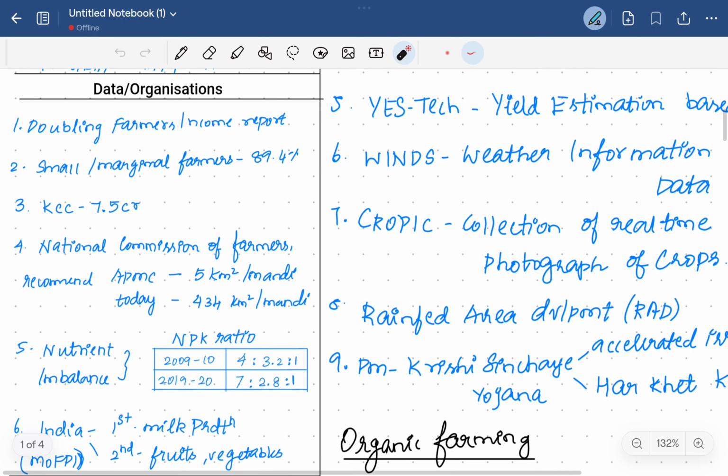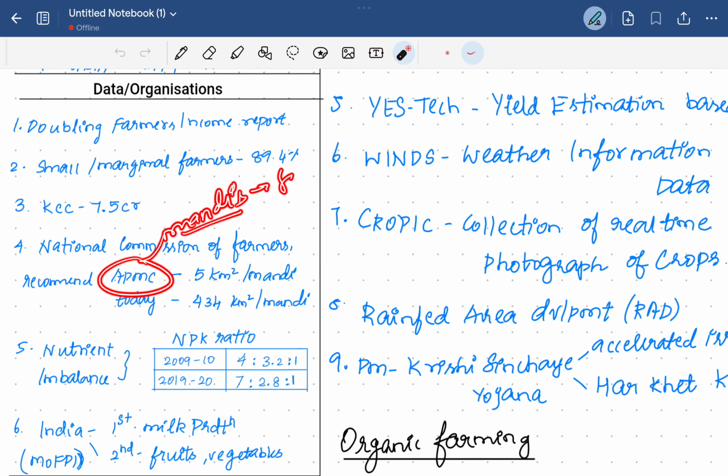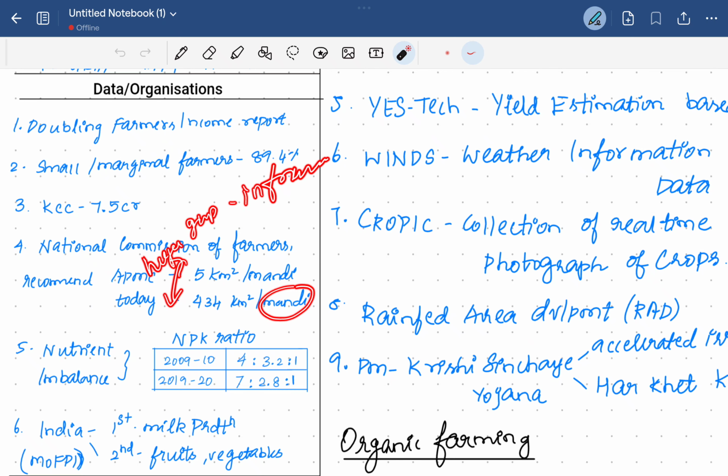Then the National Commission on Farmers was formed for establishing a market exchange for the farmers' products to the wholesalers or the consumers. It recommends that for APMC, which are nothing but the mandis where farmers bring their goods for sale, there should be a mandi for every 5 square kilometers, but today we have a mandi for every 434 square kilometers, which shows a huge infrastructure gap that reduces the farmers' access to the market.